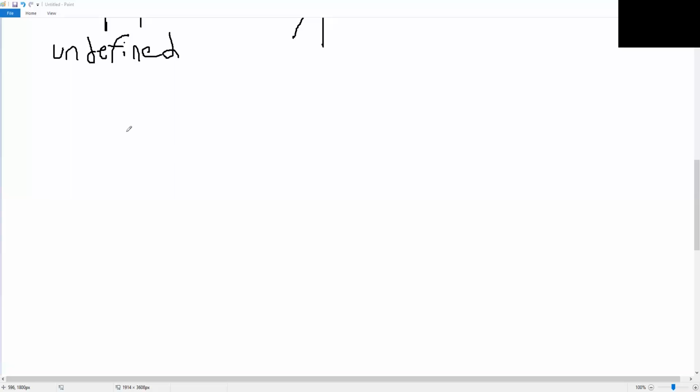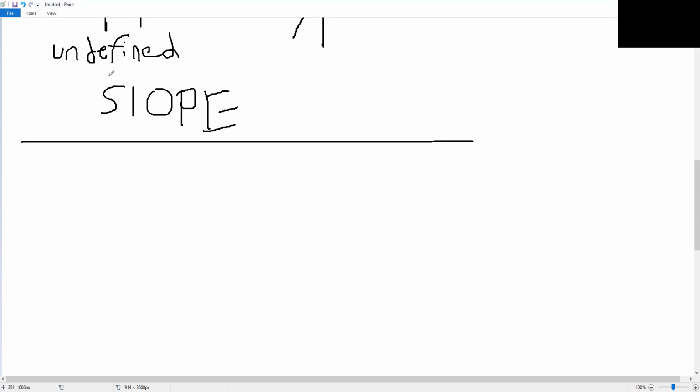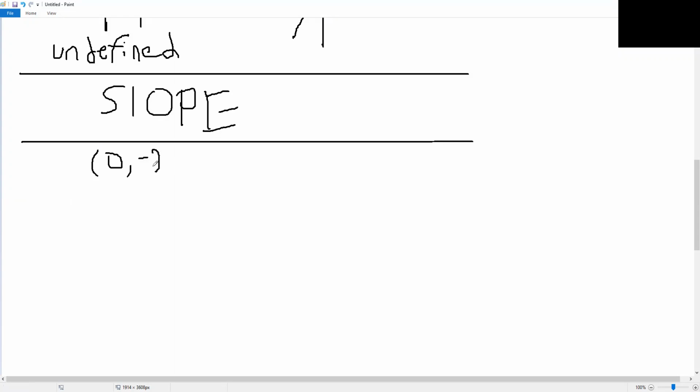Something you guys have also done before is finding slope. Given something like this, and the slope, you guys remember this M, it means slope.